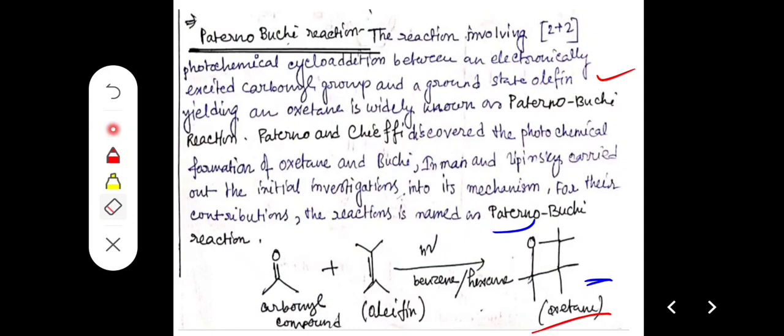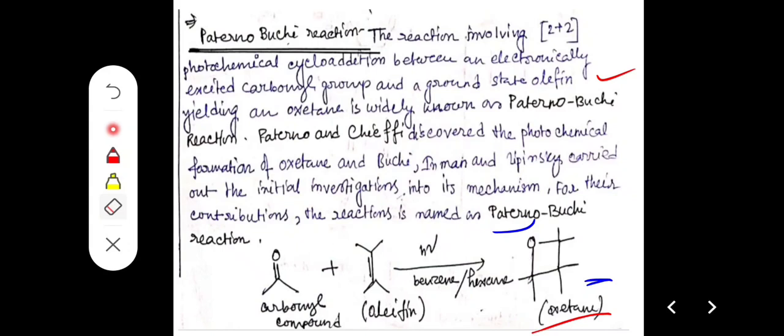But when h nu is used, photochemical excitation of an electron can be performed. One electron goes from the HOMO to the next upper excited state, that is pi star. So for one olefin, the one that is excited, its HOMO is pi star, and the other, ground state olefin has its LUMO pi star.